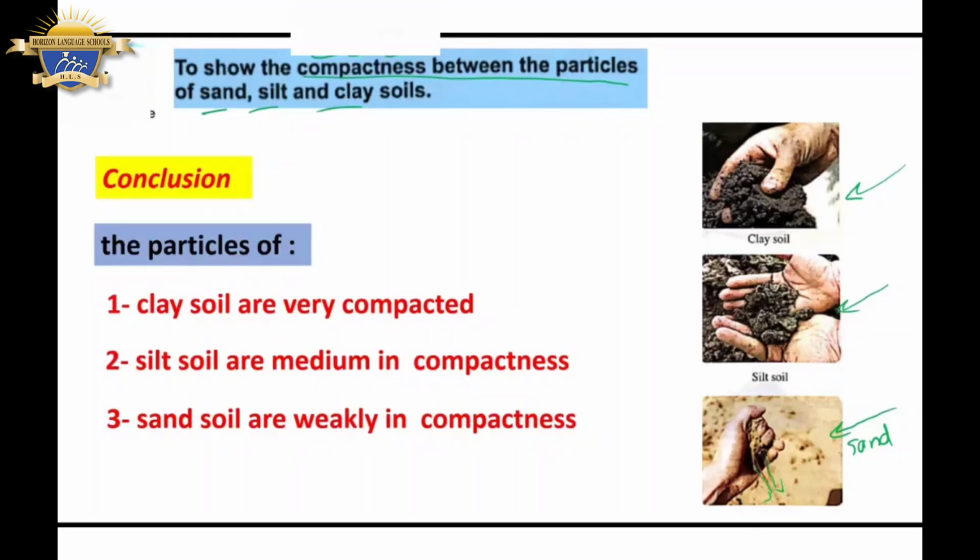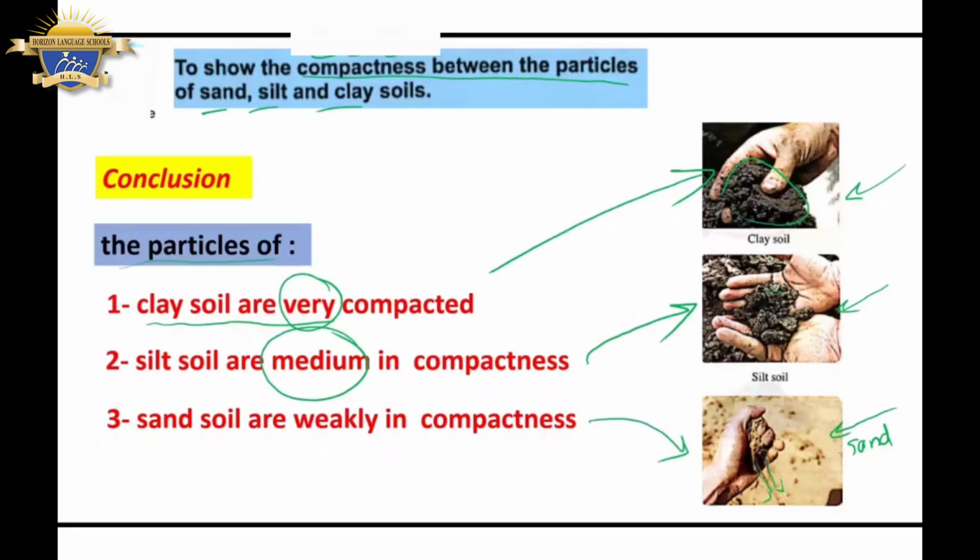Then expose the 3 samples to the sun and air till they become dry. Third, try to crush each sample by your fingers. What do you notice? The particles of clay soil are very compacted, but the silt soil are medium in compactness, and the sand soil are weakly in compactness.